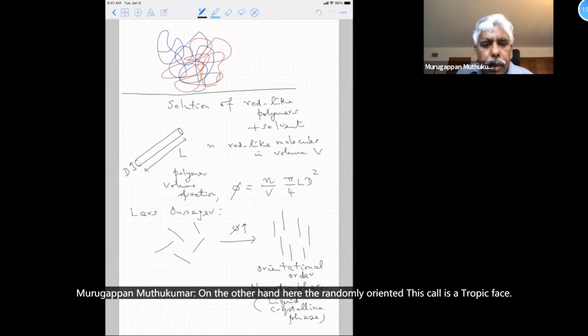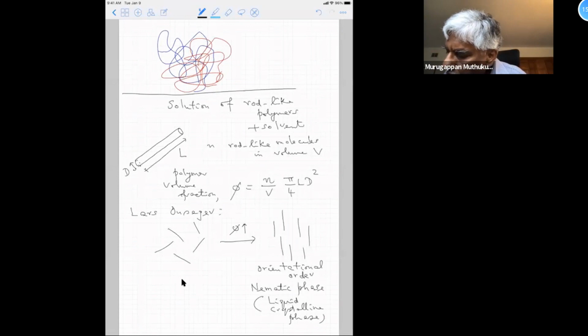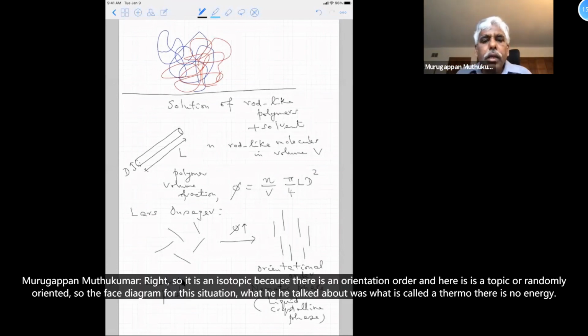On the other hand, here is a randomly oriented arrangement. This is called the isotropic phase. So here it is anisotropic because there is an orientational order, and here is isotropic, they're randomly oriented.